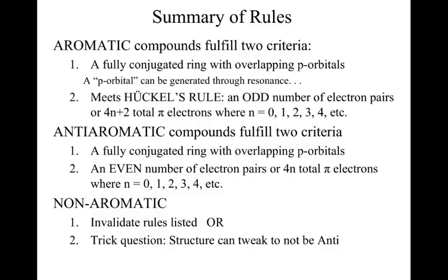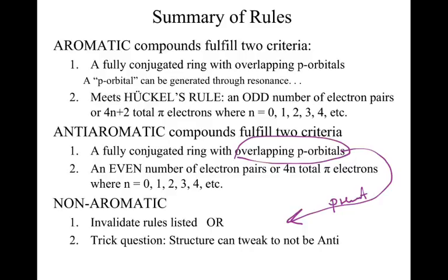I will admit there is a trick question that's involved in our non-aromatic. The anti-aromatic compounds are very reactive. So what our anti-aromatic compounds will try and do is minimize that reactivity by adjusting their structure. They will adjust their structure by preventing the overlapping of pi bonds, or the overlapping of p orbitals. So if it can prevent that from happening, well then it's not really invalidating the rules as we look at the structure.